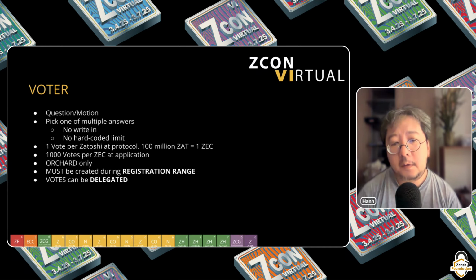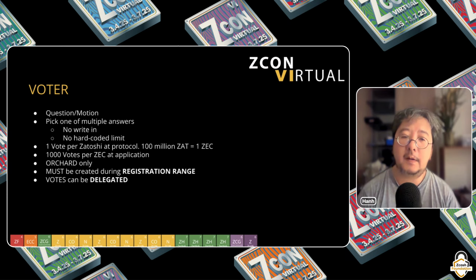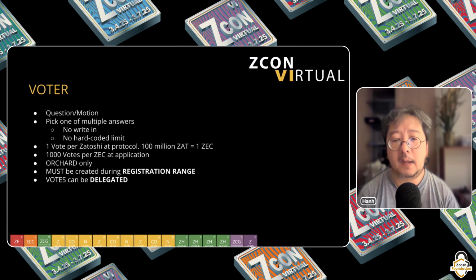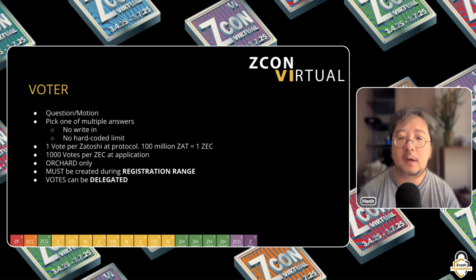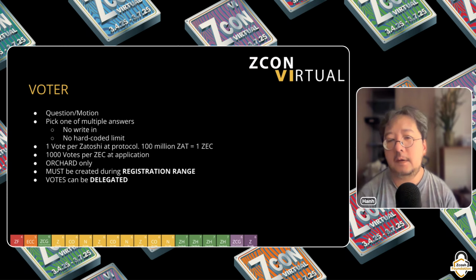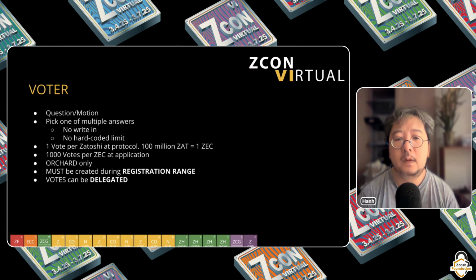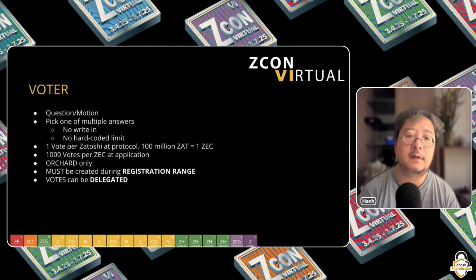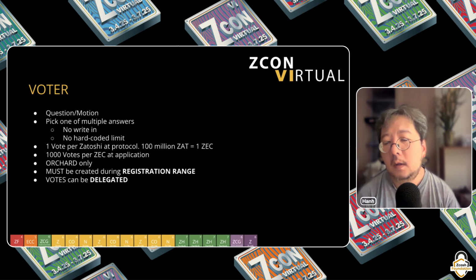When you vote, you have to vote with Orchard. You know that ZEC can be either transparent, in Sapling, or in Orchard. To vote, these funds have to be Orchard. You cannot vote with transparent, and you cannot vote with Sapling funds. The reason behind that is mostly technical.